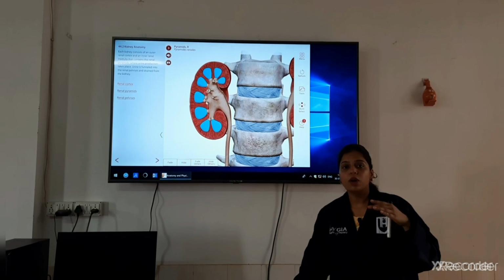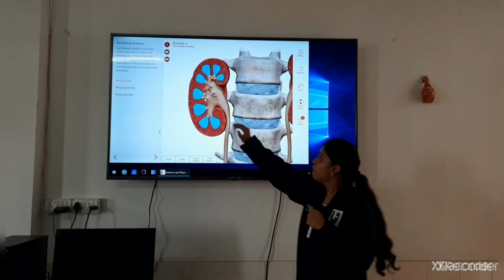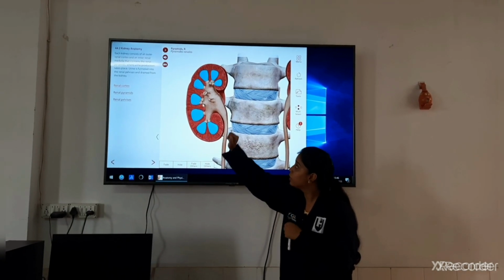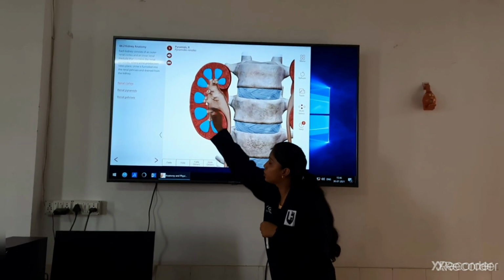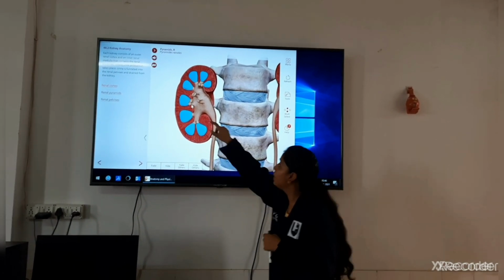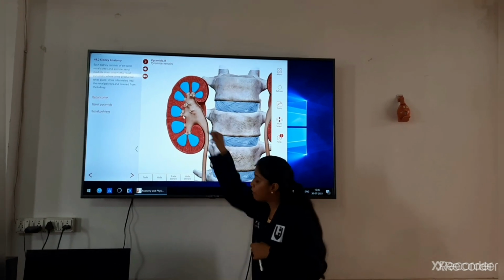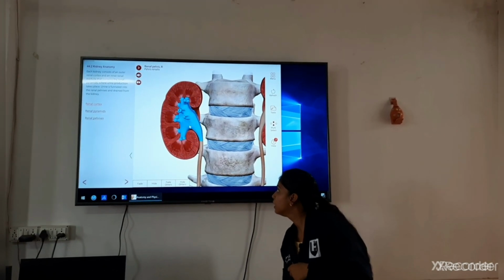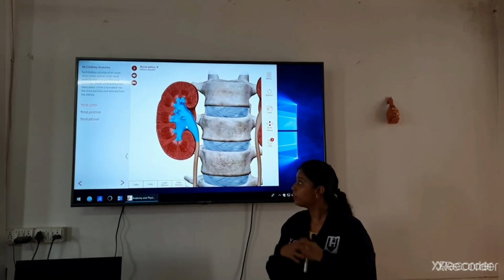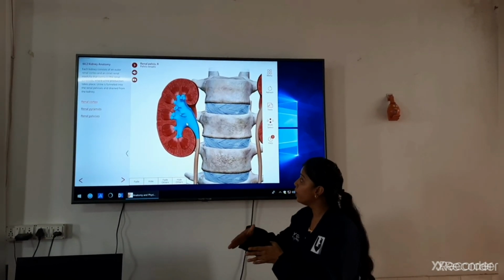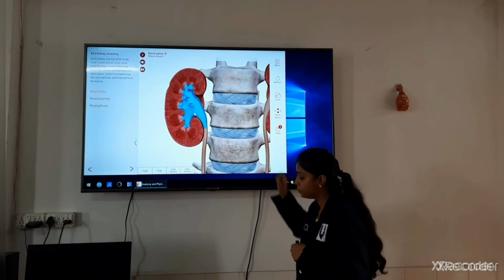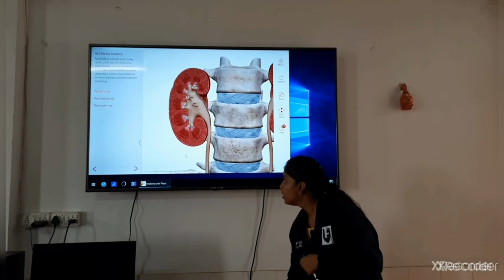When we talk about the urine flow, when the urine is formed, it moves from the papillary duct toward this cup-like structure, that is firstly from the minor calyx toward the major calyx, and then it moves toward this cavity-like structure. This structure is known as the renal pelvis, and from here urine moves out of the kidney toward this tube-like structure. This is known as the ureter.